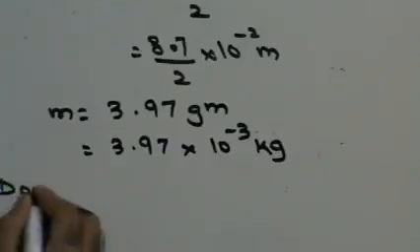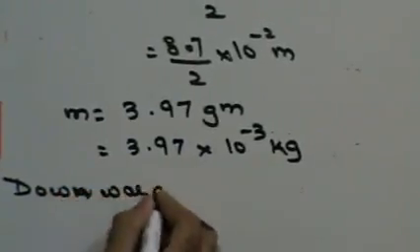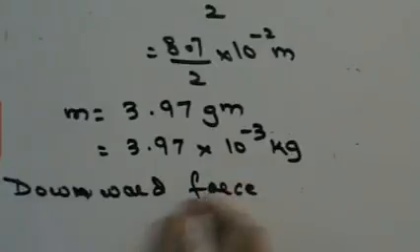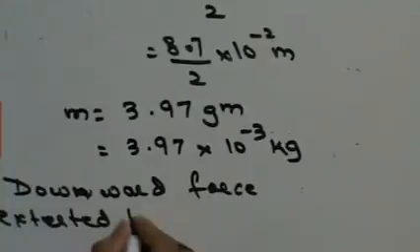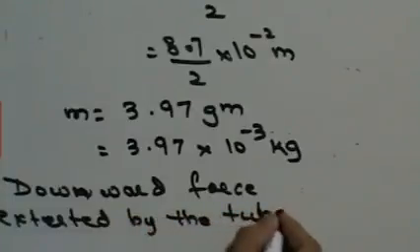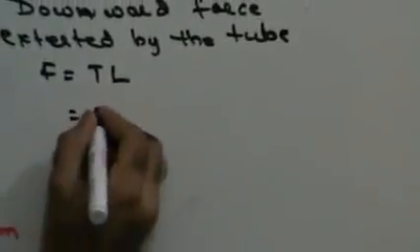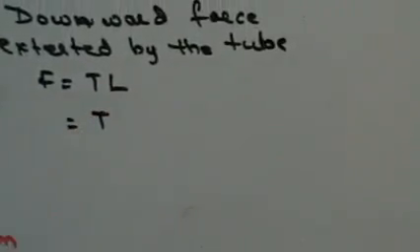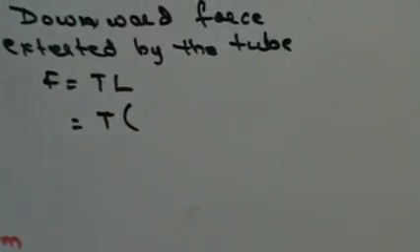Now I can say that the downward force exerted by the tube will be nothing but F, which is nothing but TL. L is the length of the tube that is in contact with the water.